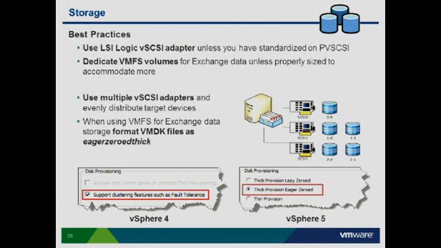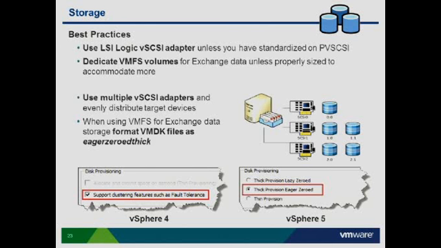So if you have 2 virtual SCSI adapters, and we'll exclude the one for the OS VMDK, the OS is on its own, and we have 2 more for databases and logs. If we have 10 database LUNs and 10 log LUNs, we would much rather like to see 5 database LUNs and 5 log LUNs on vSCSI adapter 2, and the same on vSCSI adapter 3. We see better throughput.